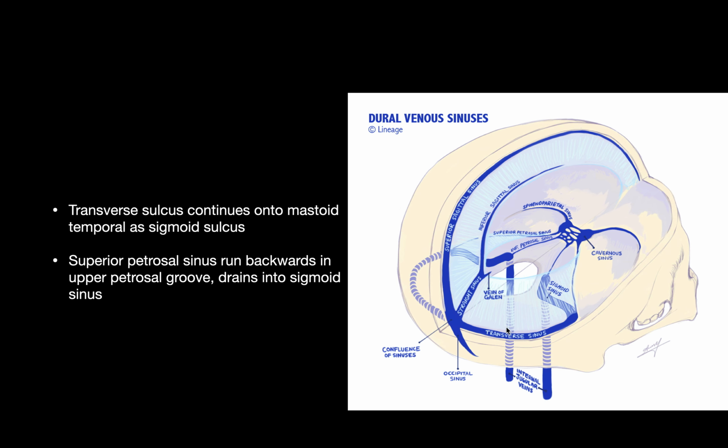So here's the sigmoid sulcus. It just kind of transforms and then all drains into the internal jugular veins. The superior petrosal sinus runs backwards in the upper petrosal groove and then drains back into the sigmoid sinus, and then all of it drains into the internal jugular vein.